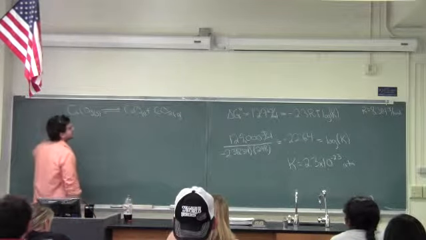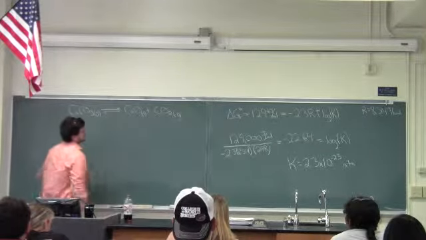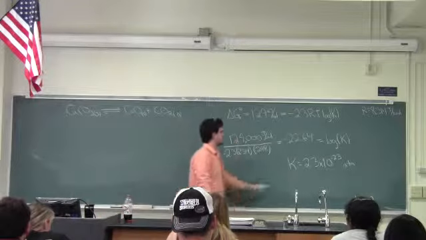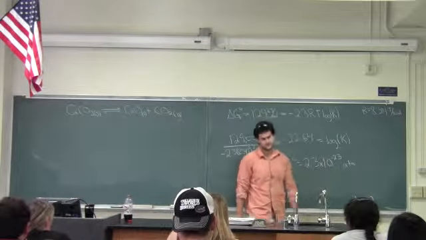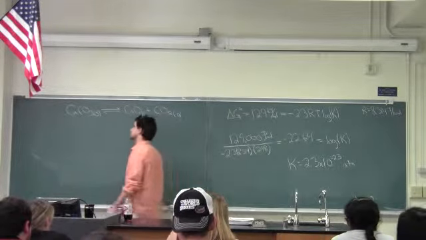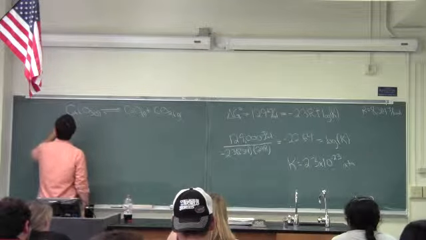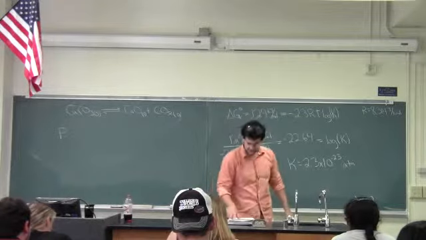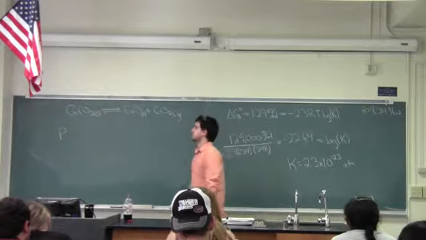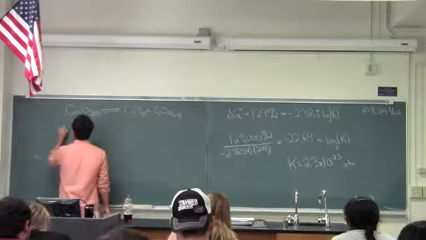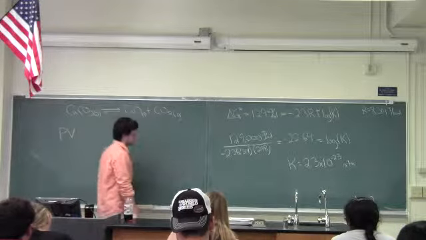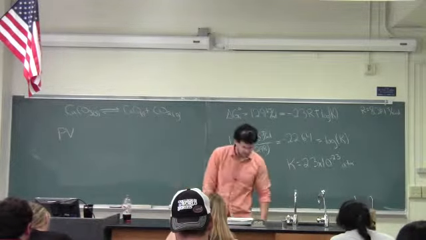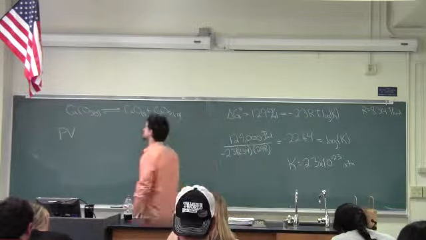So let's start writing down what I know. K directly gave me a pressure, right? Volume of this container, 10 liters. I'm looking for moles, abbreviated little n.